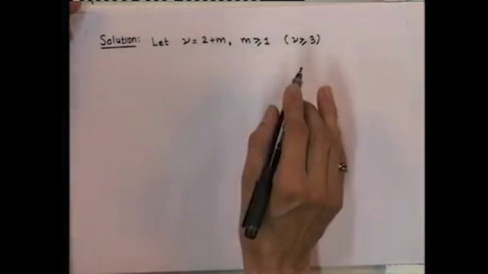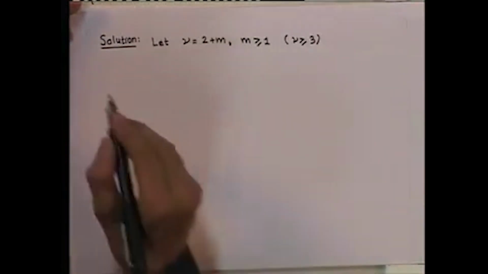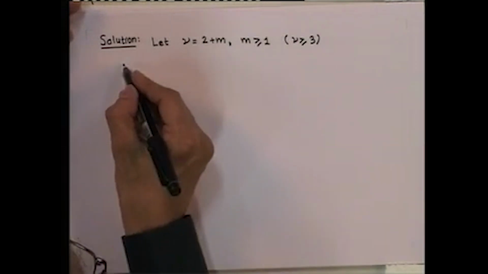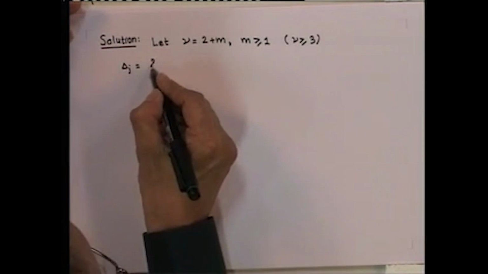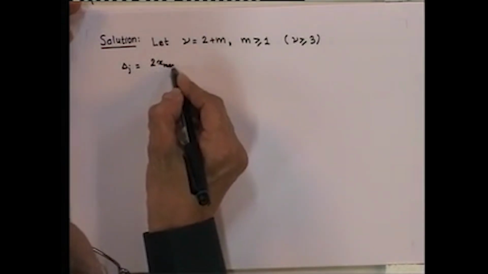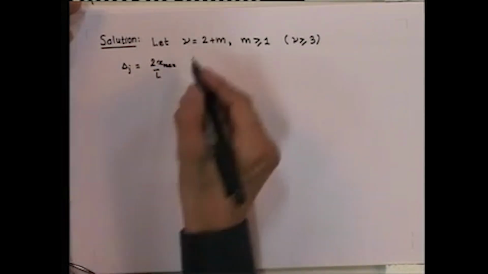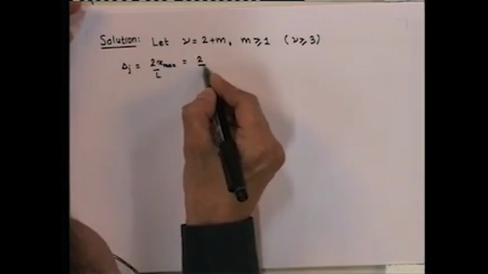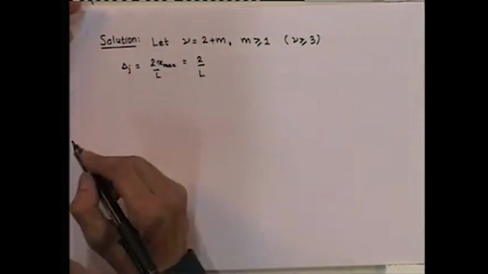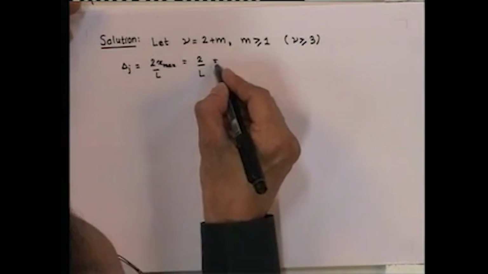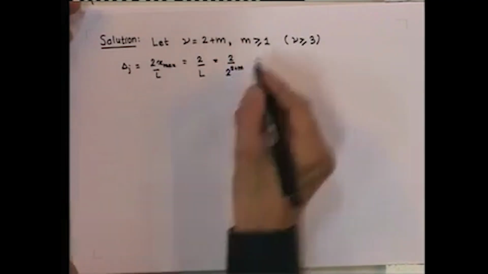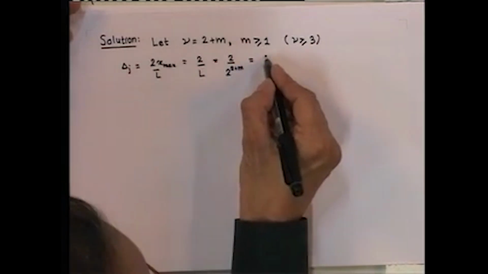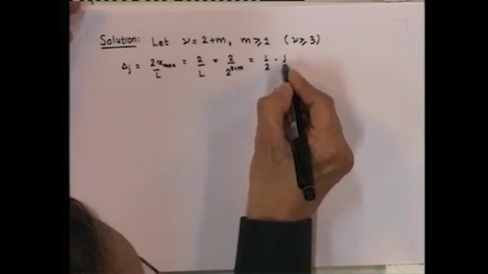Now, if we restrict our design to uniform quantization, then delta j is equal to twice x max by L, which in our case is equal to 2 by L, because x max is equal to 1, and this is equal to 2 by 2 raised to 2 plus m, which is half times 1 by 2 raised to m.